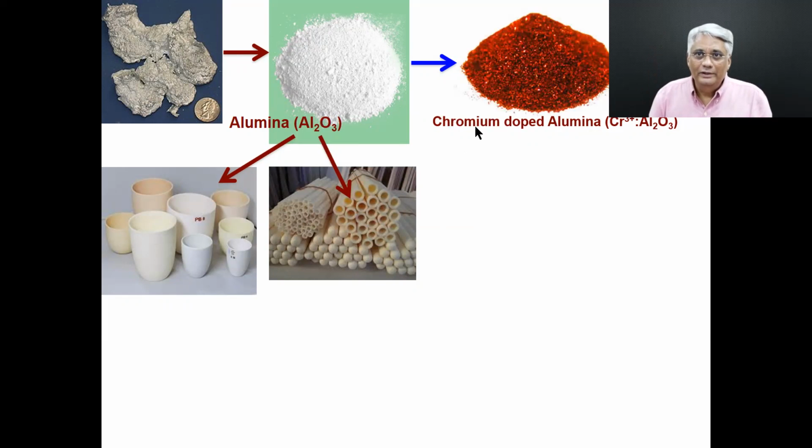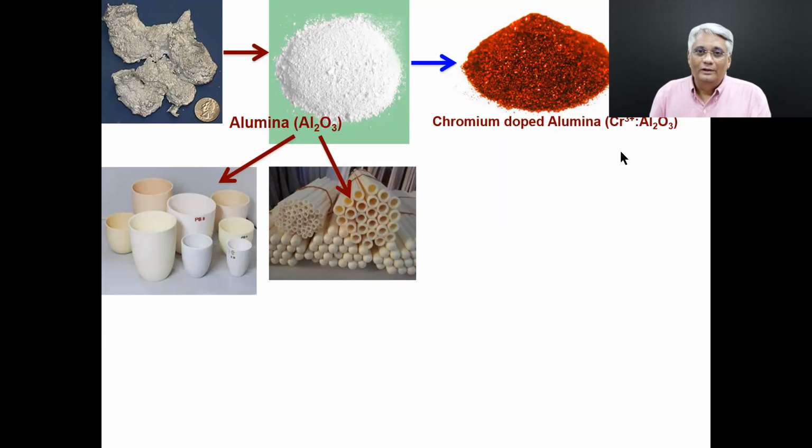The moment you bring in about 3 atom% of chromium into alumina, the color of alumina changes from white flowing powder to a nice looking brick red, maroon color. So chromium doping visibly gives you a color change of the material.